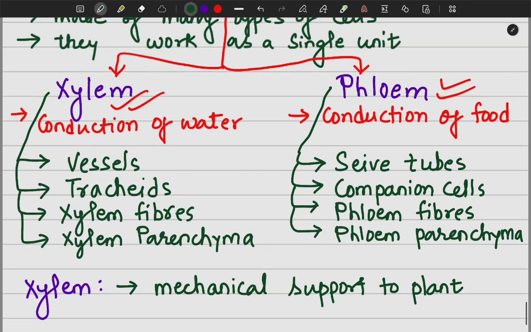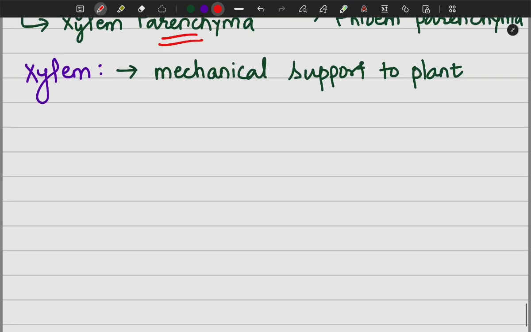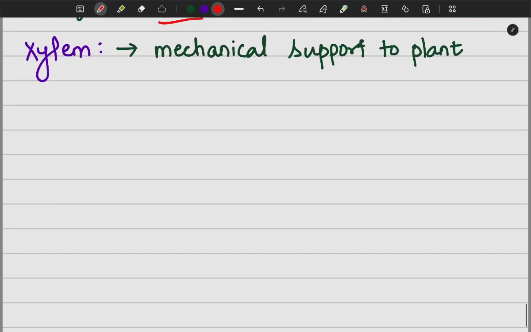Similarly, the most part of the xylem is dead. If we look at the 4 types of cells in xylem, then vessels are dead, tracheids are dead, xylem fibers are dead, only xylem parenchyma is living. So 3 out of 4 parts of xylem are dead. And these dead parts have thick cell walls and lignin deposition, hence besides conduction of water, they also provide mechanical support to the plant.